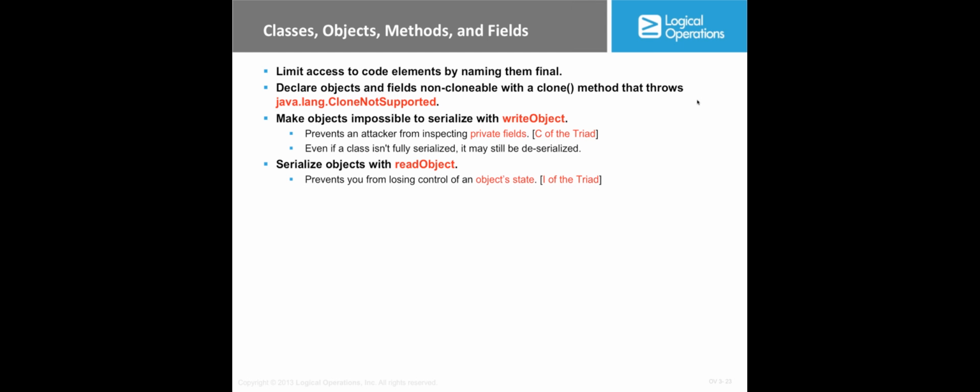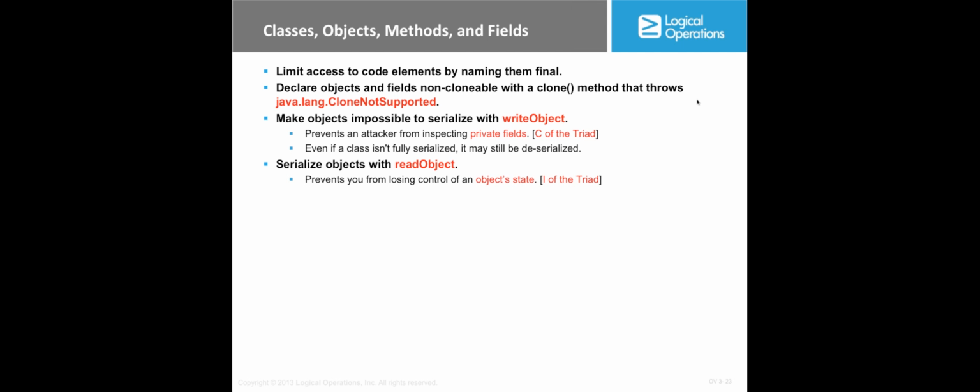So once again, we point back to the CIA triad: confidentiality, integrity, availability. With read object, I no longer will lose control of the state of that object. I'm maintaining the integrity of the object through a simple command.